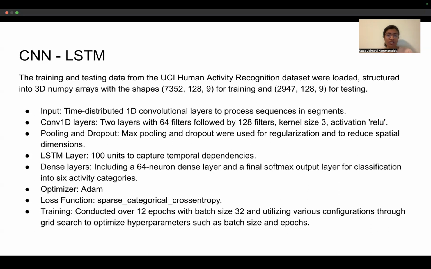Then we have max pooling and dropout. And this is given as input to the LSTM layer with 100 units to capture the temporal dependencies. At the end, we have a 64 neuron dense layer followed by a final softmax output layer for classification into 6 activity categories. The optimizer used was Adam and sparse categorical cross entropy loss.